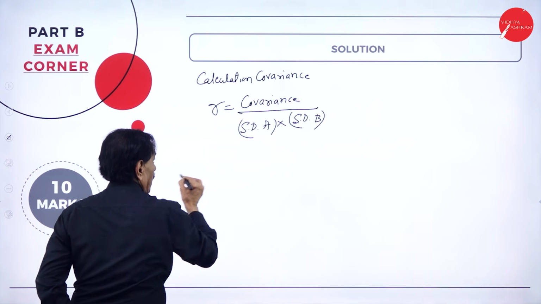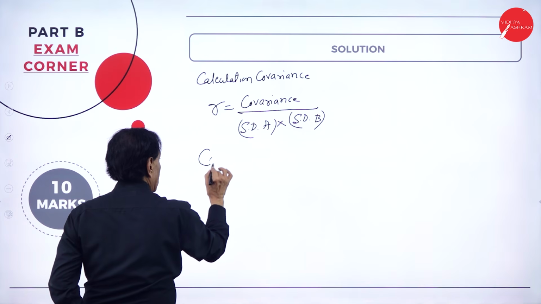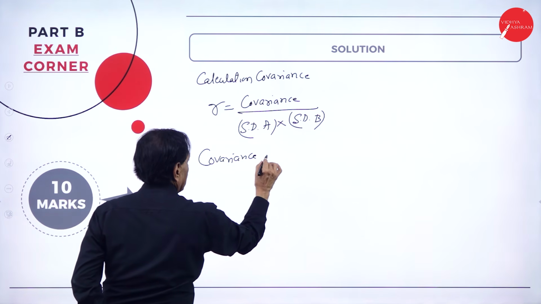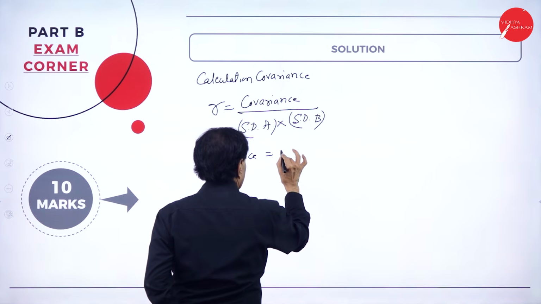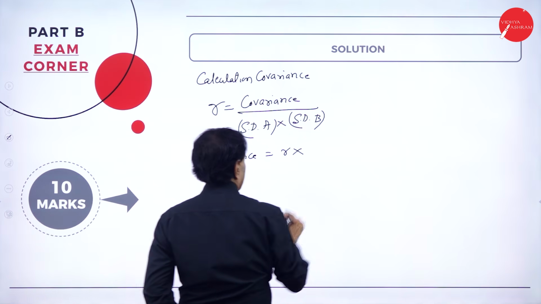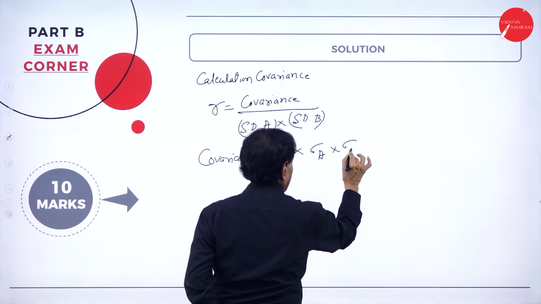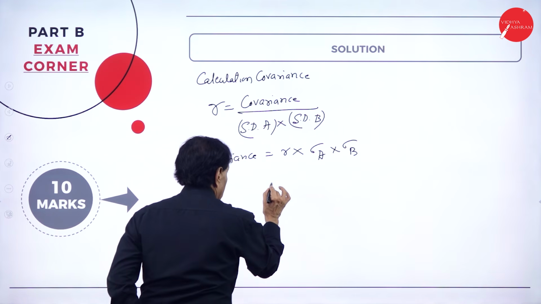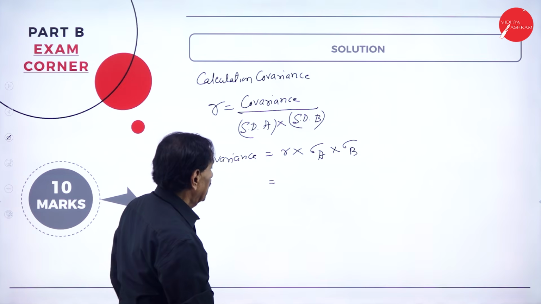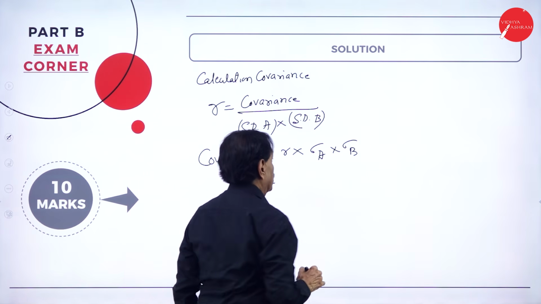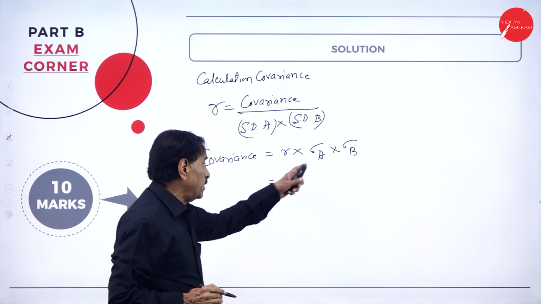So cross multiply. Covariance is equal to R into standard deviation A into standard deviation B.